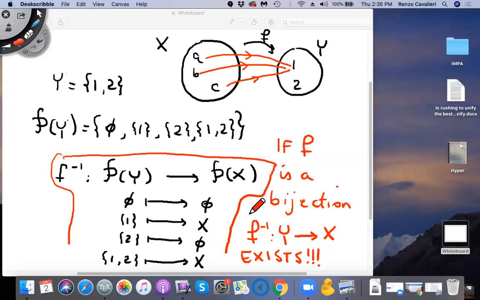This is why this whole inverse image thing is so confusing, because we're often used to the inverse function before we start thinking about more subtle things. And F inverse typically is not a function from Y to X, but it is in the special case when F is bijective, is a bijection.